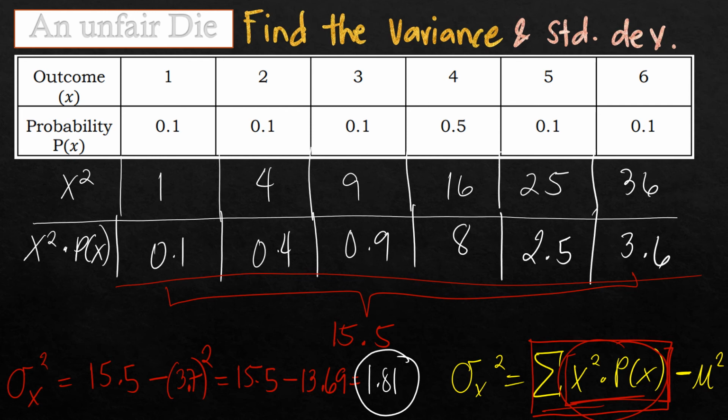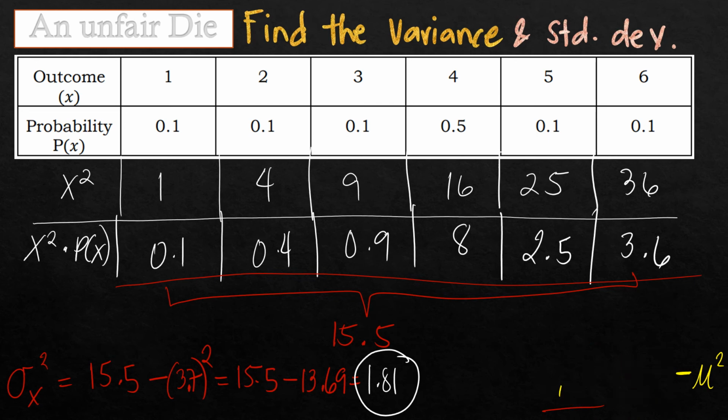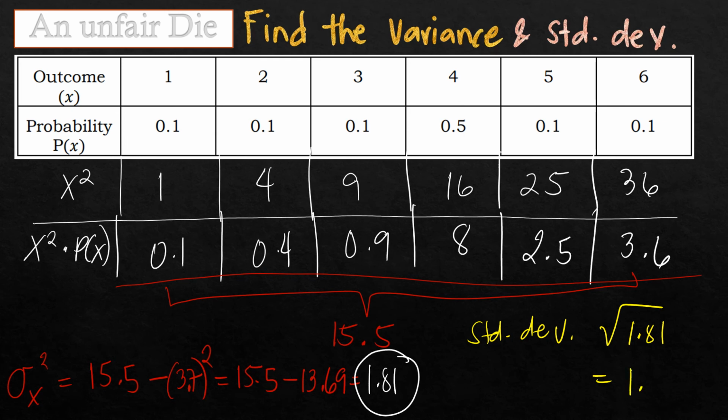Okay? So now that we have the variance, we will solve for the standard deviation. We take the square root of the variance, and that is the standard deviation. So in getting the standard deviation, we have the square root of 1.81, which is equal to 1.35.